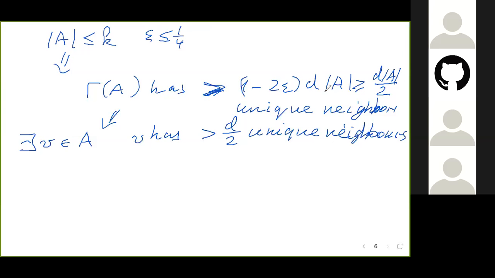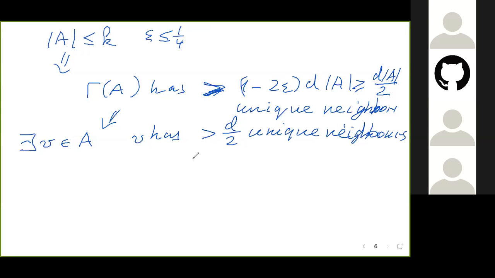And note that if V has more than D over 2 unique neighbors, then flipping that variable will change all the checksums where it appears. And it will correct all the wrong sums where it appears.